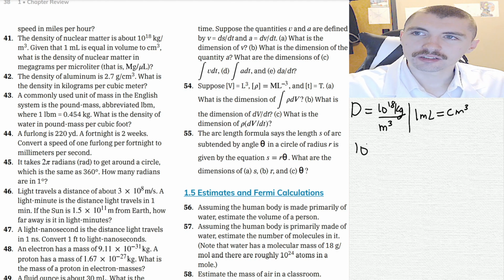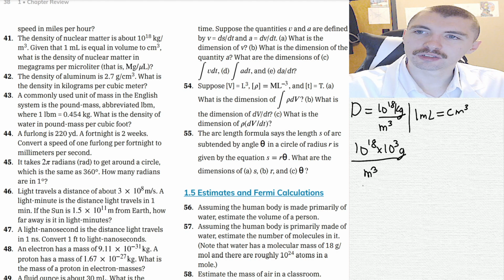Okay, so we have 10 to the 18 times 10 to the 3 grams per meters cubed. We're going to say that's 10 to the 21.